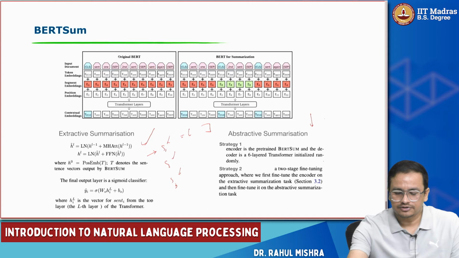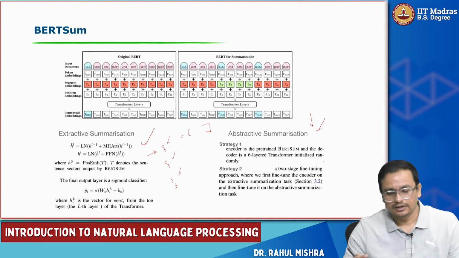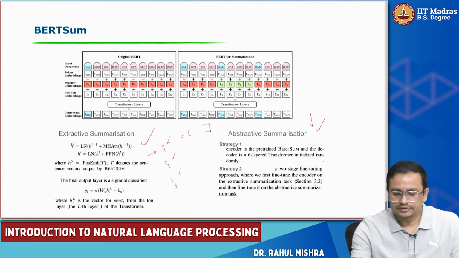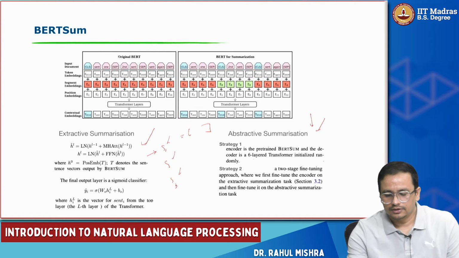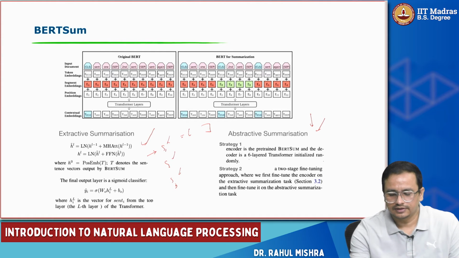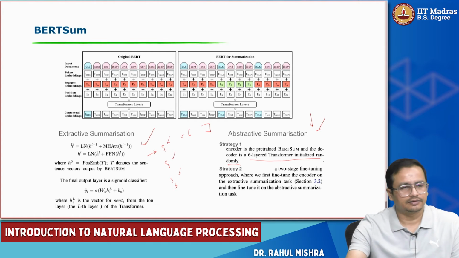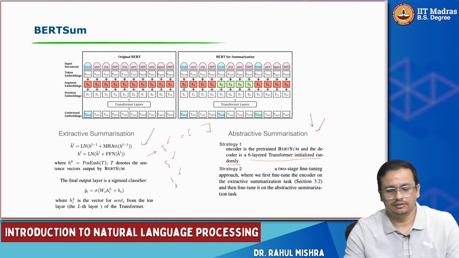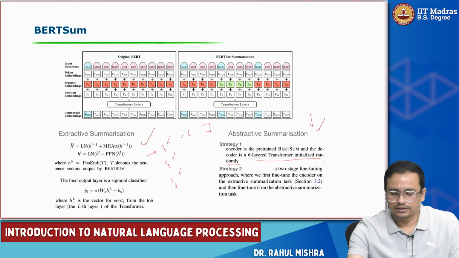On top of that, abstractive summarization, where you generate text. In that, you have a pre-trained BERT summarization encoder and a 6-layer transformer decoder to decode the words, as we have seen in the natural language generation lecture, and the words form the sentences.